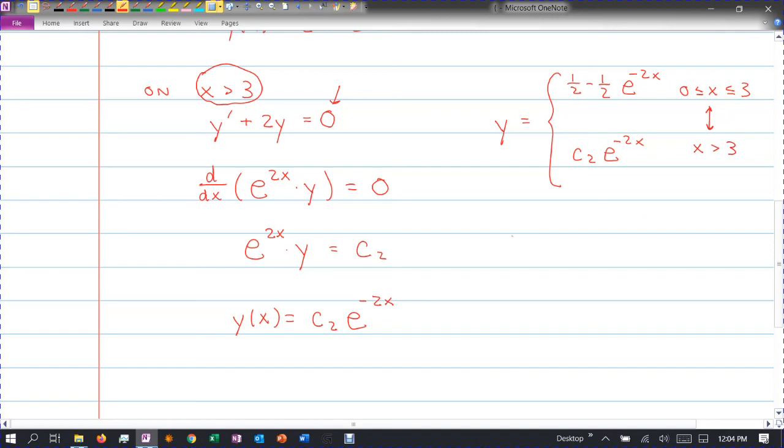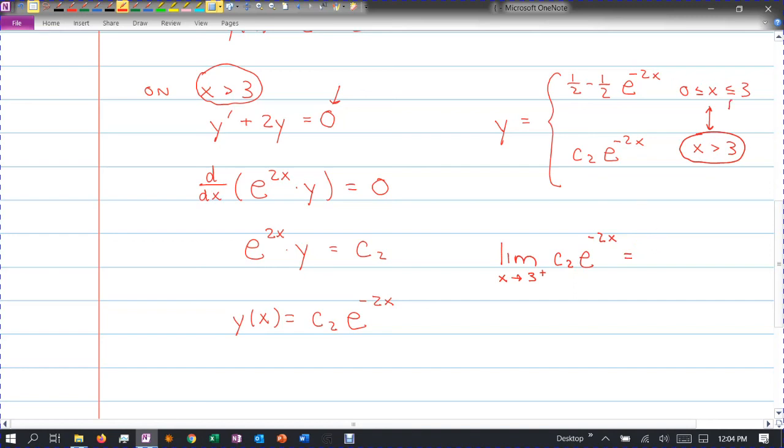So what we want is basically that the limit as x approaches 3 of this function, approaching 3 from the right hand side, which means we'd be looking here, to be equal to the function's value at 3.